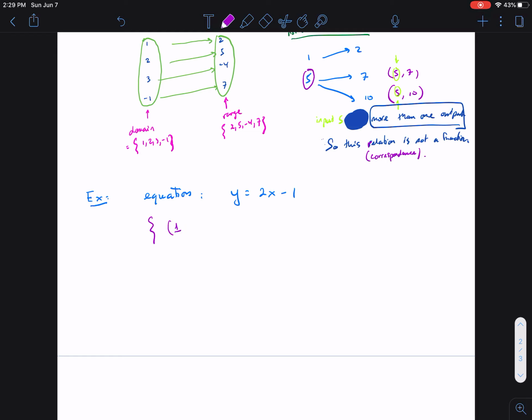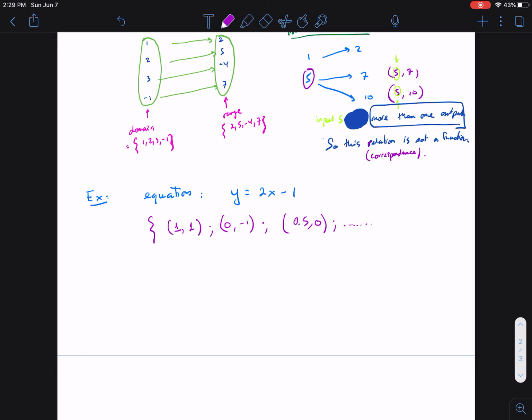When x is 1, we get 1 for y. When x is 0, we get -1 for y. And when x is 0.5, well, 2 times 0.5 is 1, minus 1, it's going to be 0 for y.